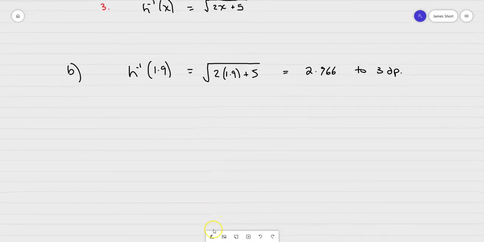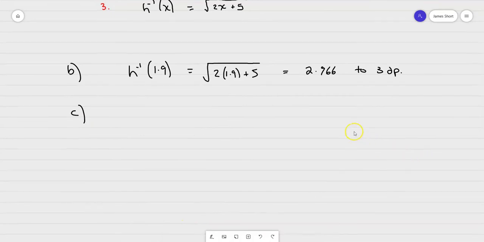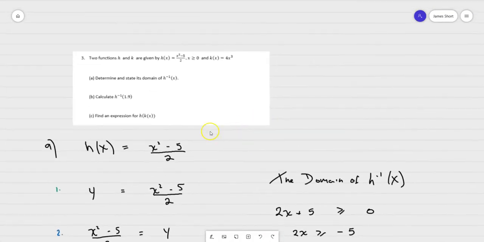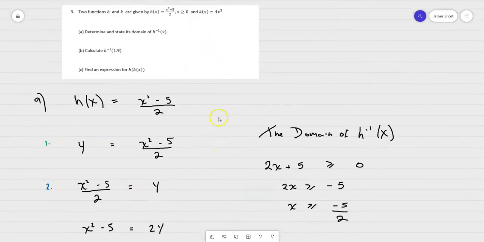Alright, and finally part C. We've got to do a composite function here. It's asking us to find an expression for h of k of x. So the output of k of x is the input of h of x.